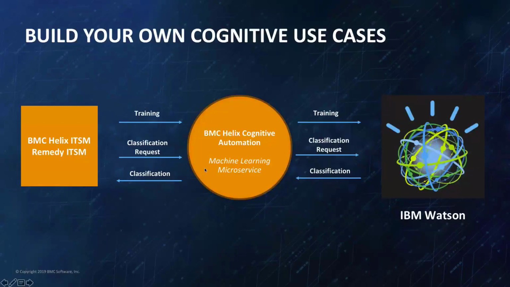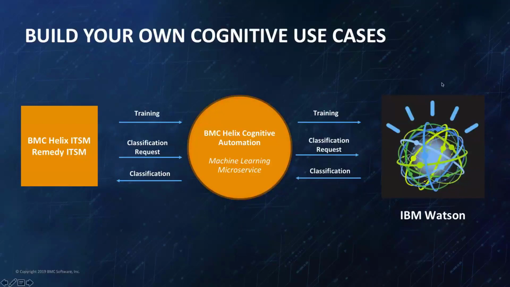So the cognitive service continues to be a cloud service. It's called BMC Helix Cognitive Automation. The main reason is that we rely today on IBM Watson, and that itself is a cloud service. So the data would anyway have to go out to the cloud, and it also allows us to innovate faster in this very fast-moving new area.